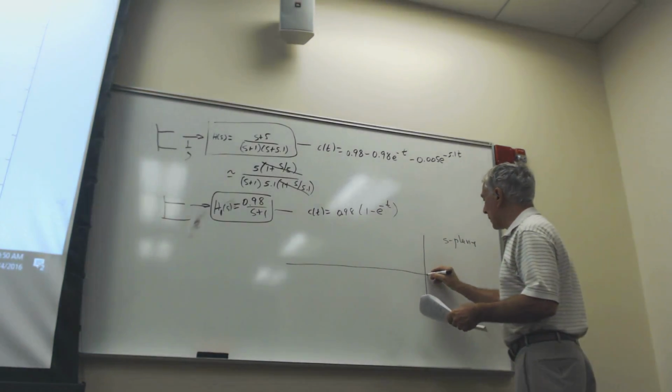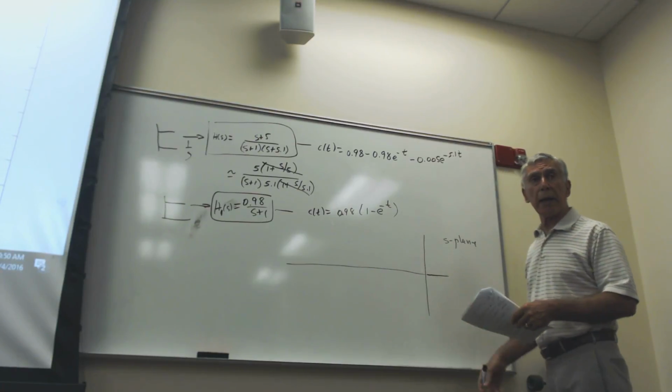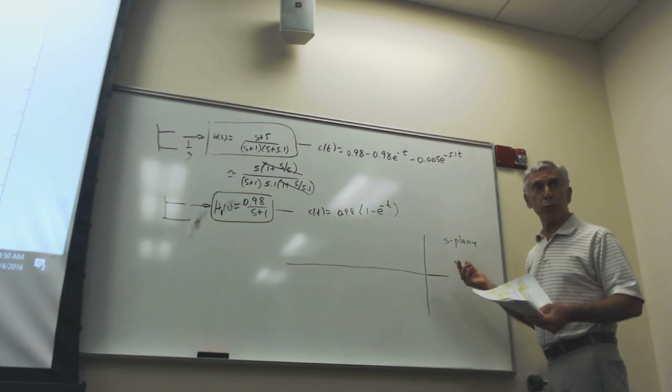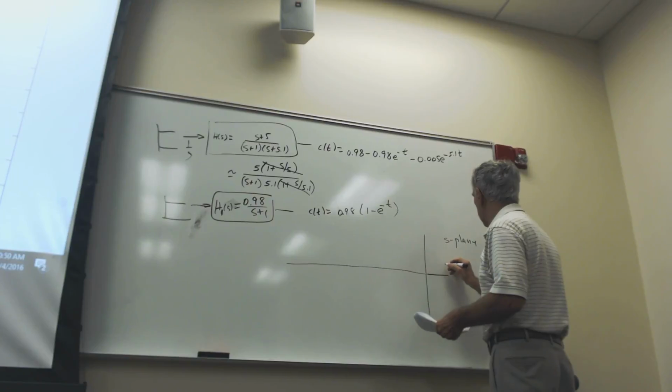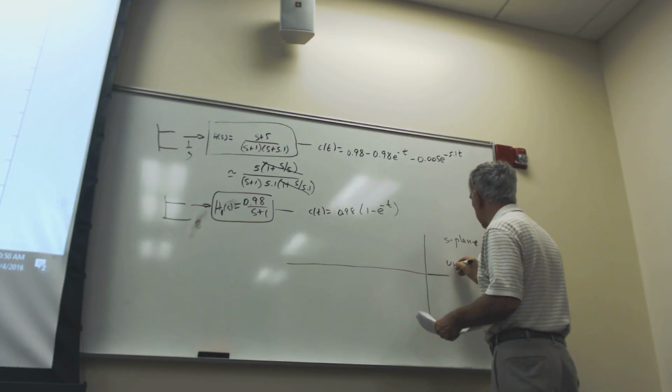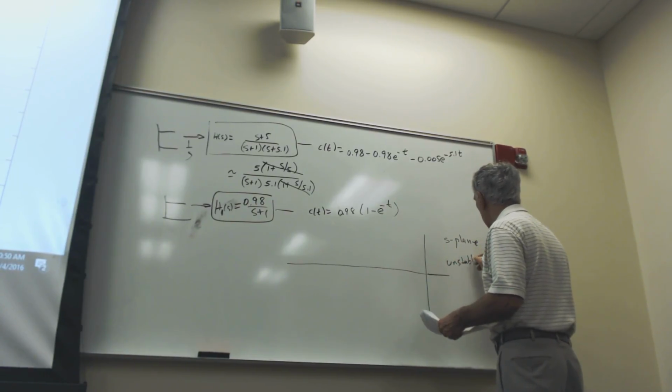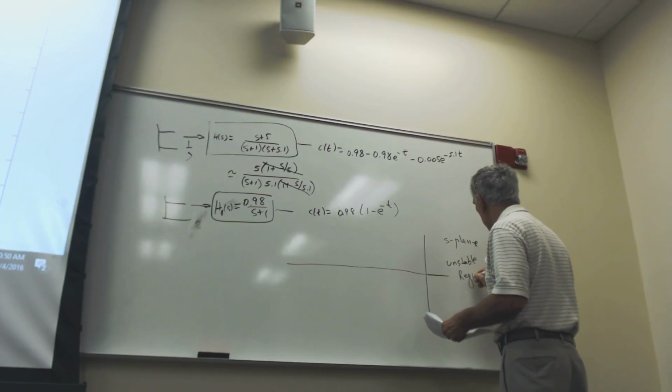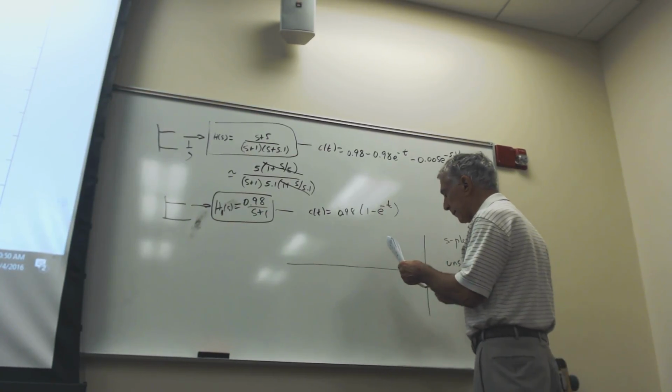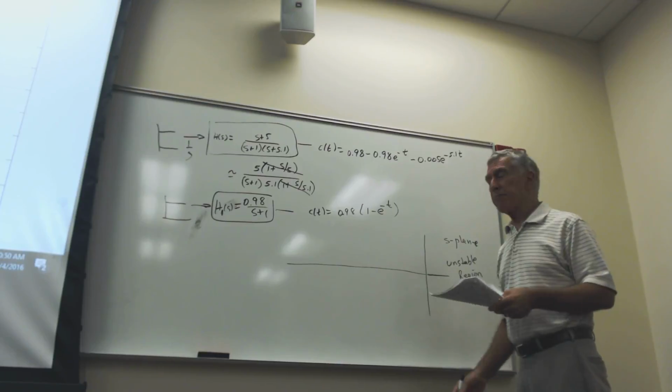Of course, the right-hand side of the j omega axis is the unstable region, right? And over here is the stable region in the left half plane.